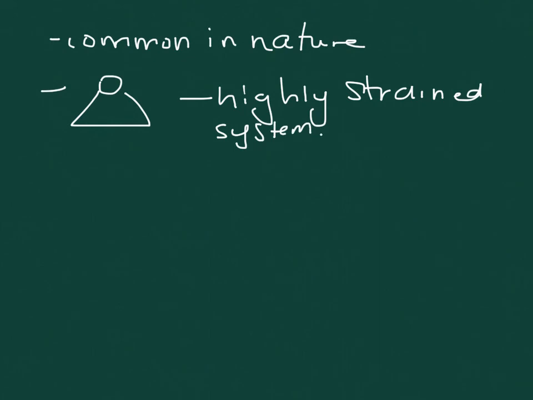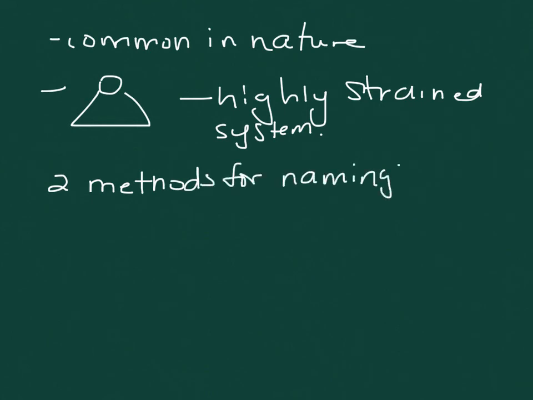Similar to ethers, there are 2 methods for naming epoxides. In the first method, the oxygen atom is considered to be a substituent on the parent chain, and the exact location of the epoxide is identified with 2 numbers followed by the term epoxy.